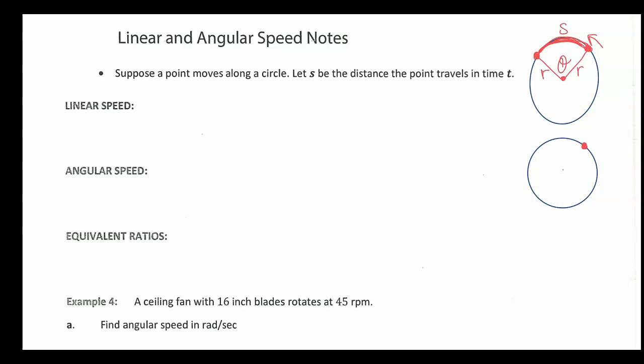Here's the center of my circle. This is my radius, and this side here is also your radius. So you're going to have some theta, and it helps you calculate the rate at which it's moving from this point over to the other. It gives you the rate at which it's moving.